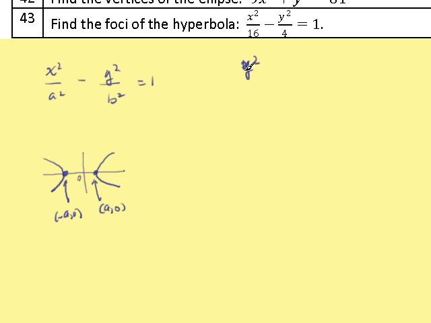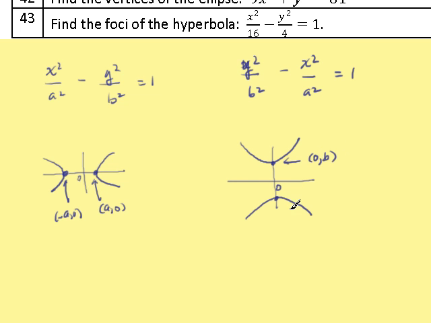y squared over b squared minus x squared over a squared is equal to 1. And this is a hyperbola that's up, down. Okay, this is 0. This is 0, b and 0, minus b. And the foci would be located here and here.